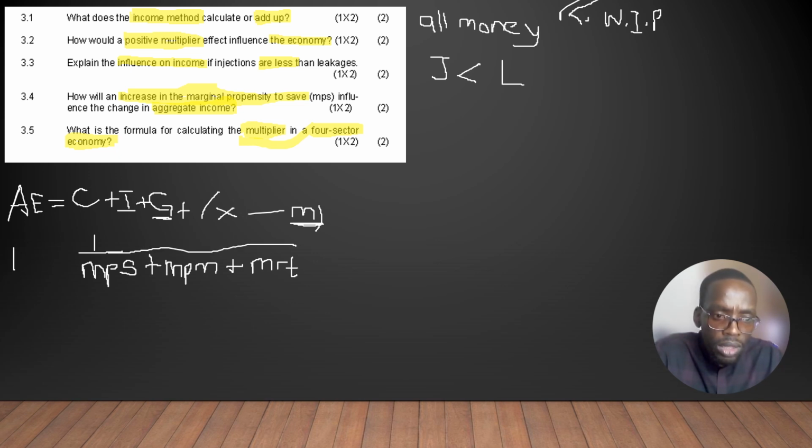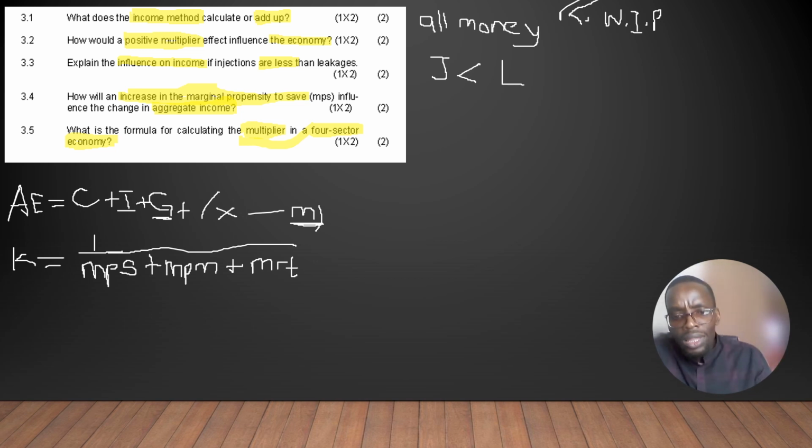So we are saying this one is the multiplier for a 4-sector model. This is the correct formula for a 4-sector model. It means it's 1 over marginal propensity to save plus marginal propensity to import plus marginal rate of taxation. Sometimes it can also be called the marginal propensity of taxation, but I will use the term marginal rate of taxation.